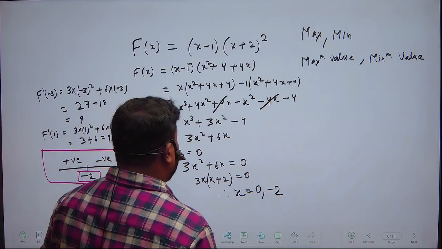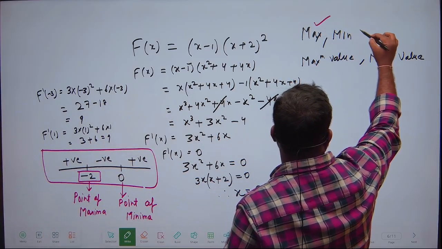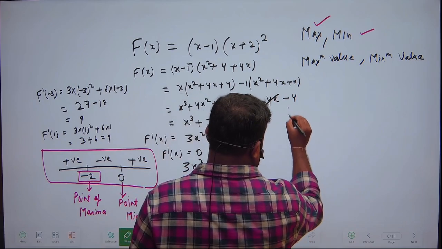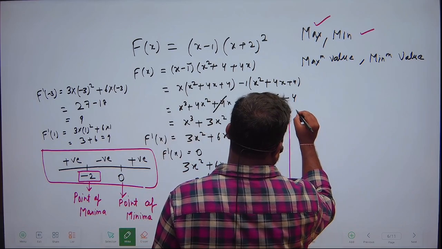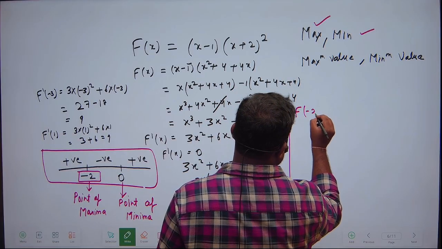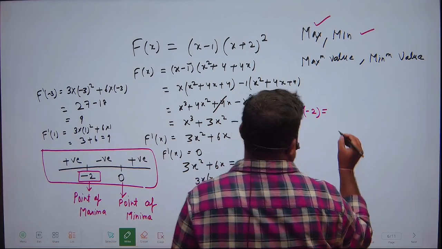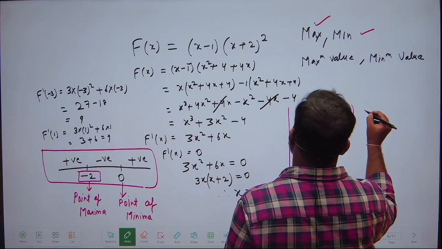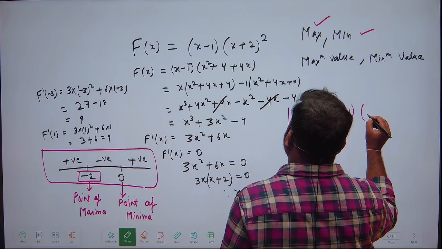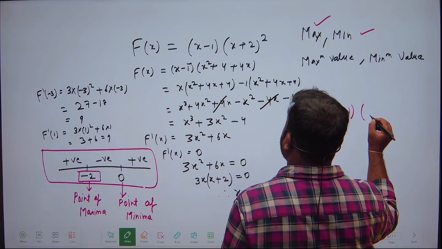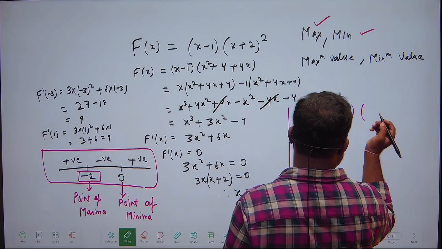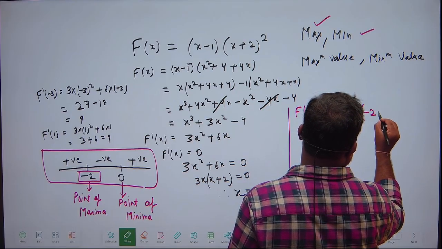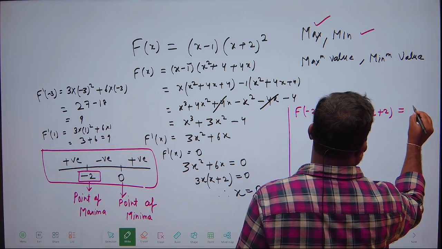Okay. Now we got the maxima and the minima. Now what do we have to find out? We have to find the maximum value and the minimum value. See, now what I am going to do is put the value f of -2 into this function. Let's find f of -2: -2 minus 1 times -2 plus 2 squared, that is 0, since -2 and +2 become 0.